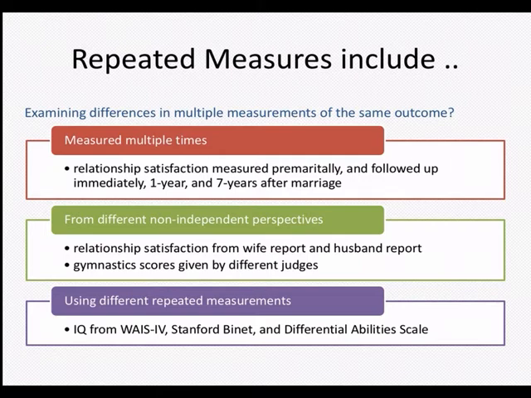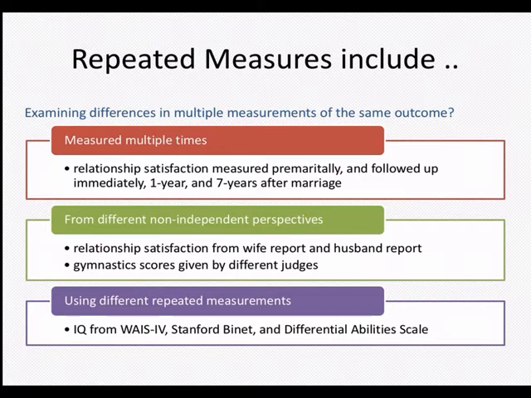If we want to measure a person's relationship satisfaction premaritally, followed up immediately after their marriage, 1 year and 7 years, this would be a repeated measure design. Each person would have 4 scores on relationship satisfaction across 4 different time points.